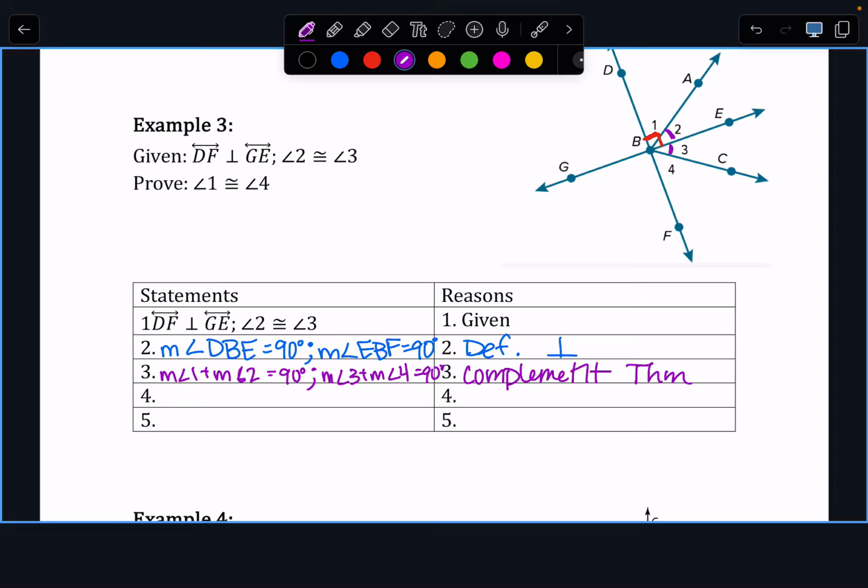Not right now. Why? I have measure of angle 1 plus measure of angle 2, measure of angle 3 plus measure of angle 4. Do I have the measure of angle 2 equals the measure of angle 3? No. So before I can do any substituting, we're going to have to say the measure of angle 2 equals the measure of angle 3 because of our definition of congruence.